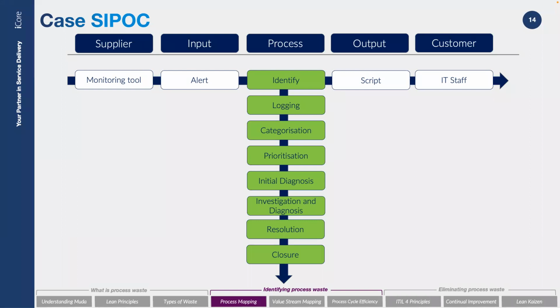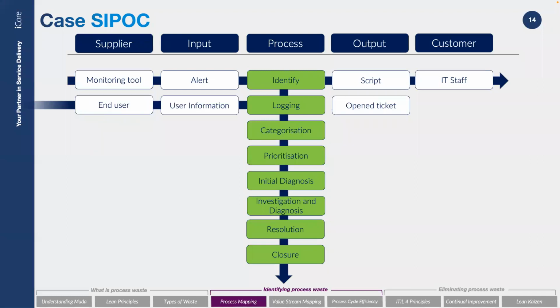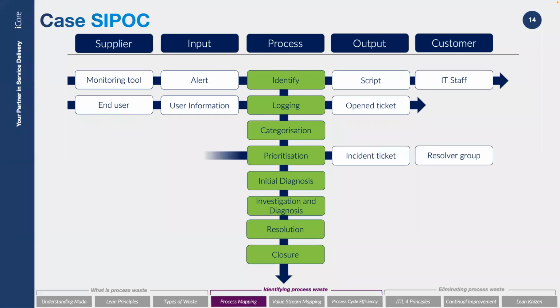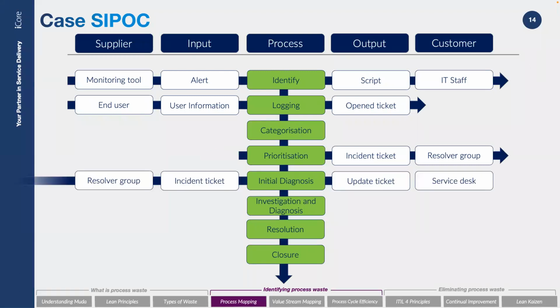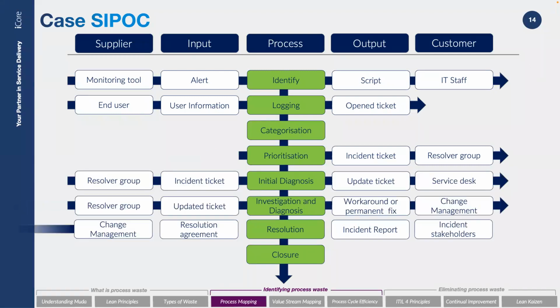Even though this does look very event process-esque, that doesn't mean that it's not also an incident. In this case, it is, in the example that we're looking at. Then we have a look at all the other elements here. So logging a ticket, end user, user information, open ticket, and such like, as we go all the way through.